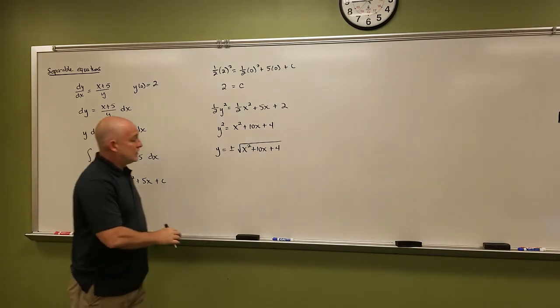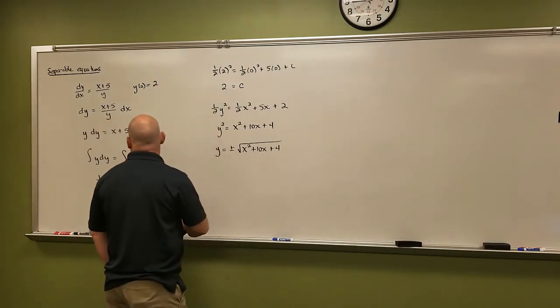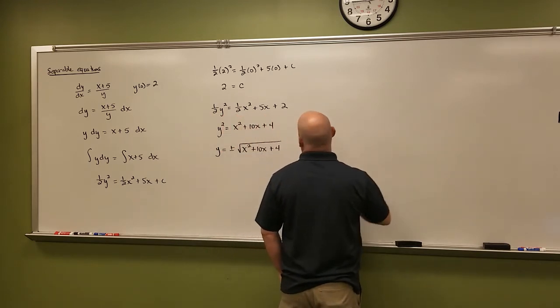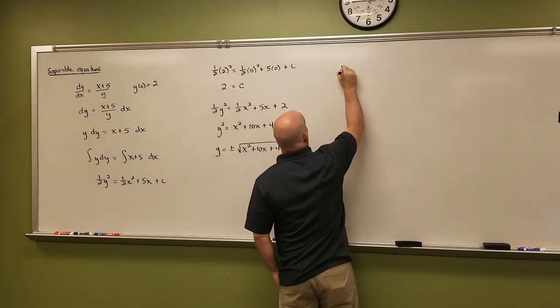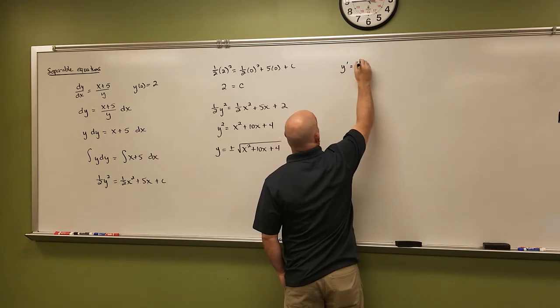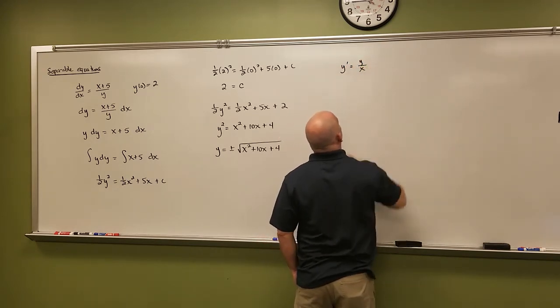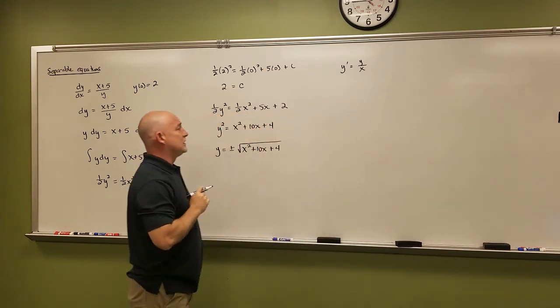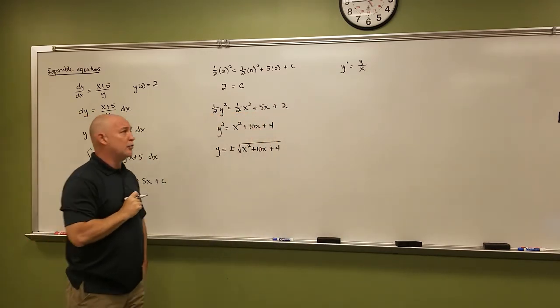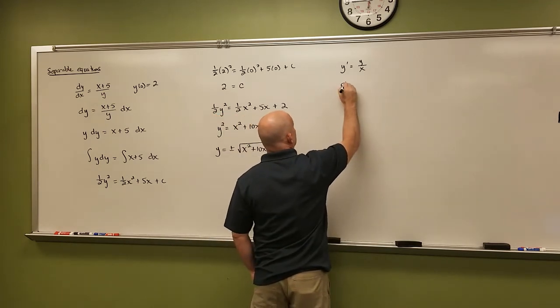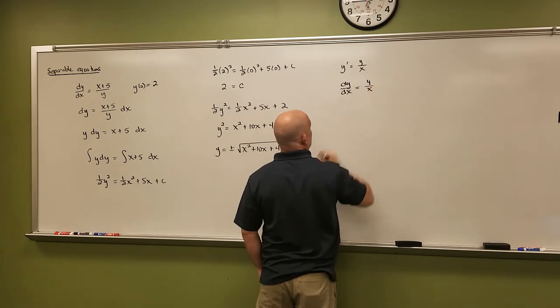All right, let's do one more here. Let's say I have y prime is equal to y over x. Looks easy, and overall it's not going to be too bad. Let's see what happens here. Again, we get dy/dx is equal to y over x.